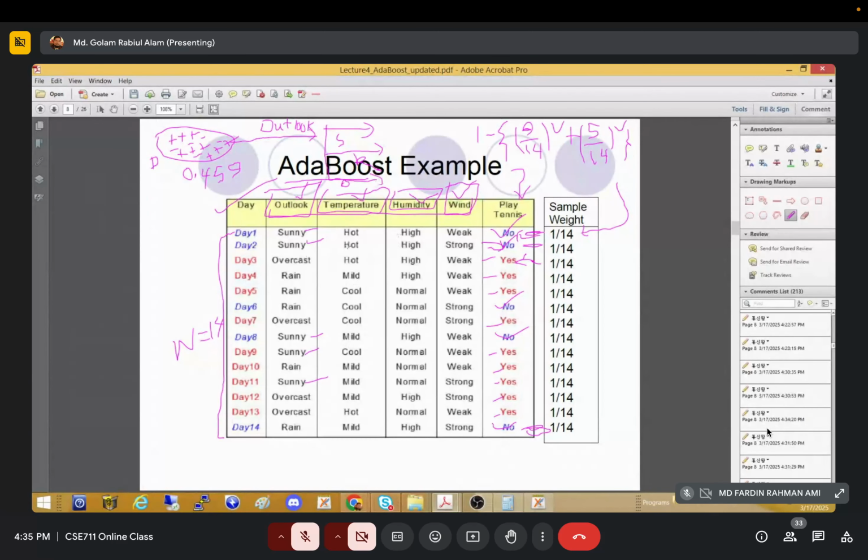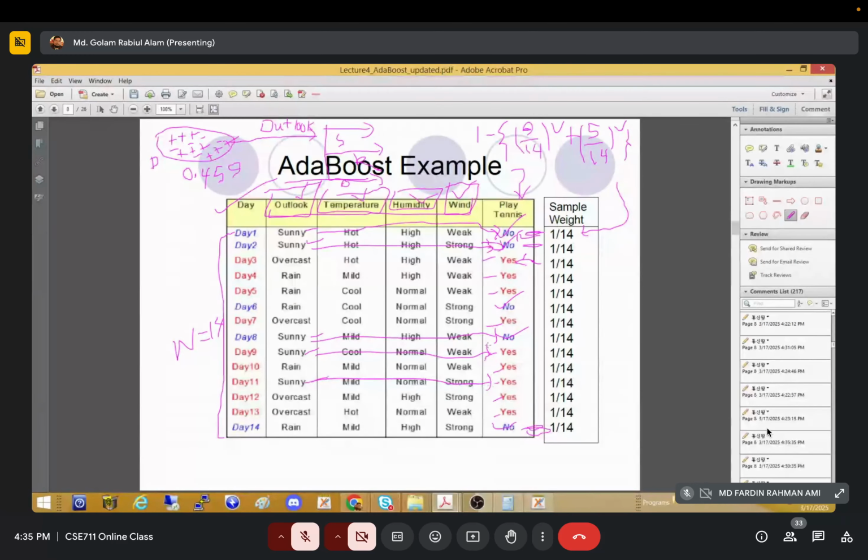And out of the 5 times, how many times did we make the yes decisions and how many times the no decisions? Here we can see for this sunny, we made the no decision. For this sunny, also no. And for this sunny, also no. For this sunny, we made the yes decision, and for this sunny, yes.